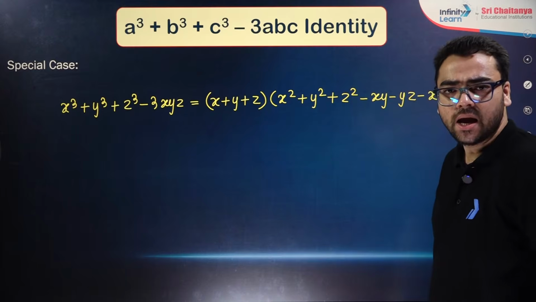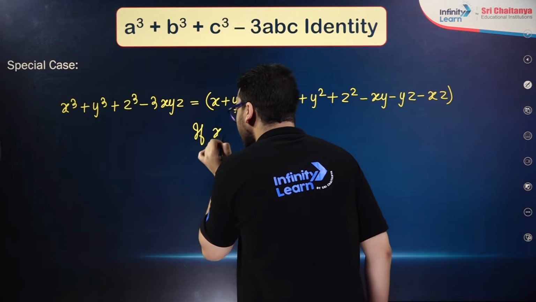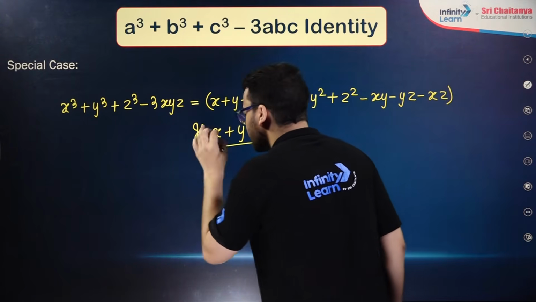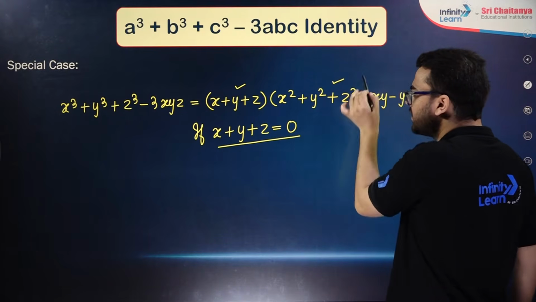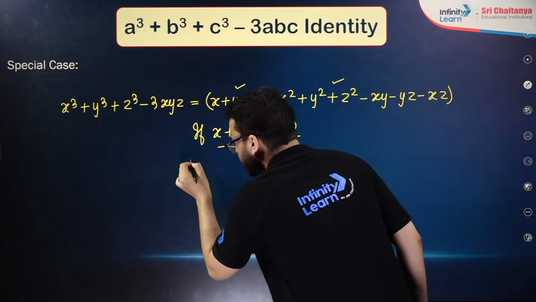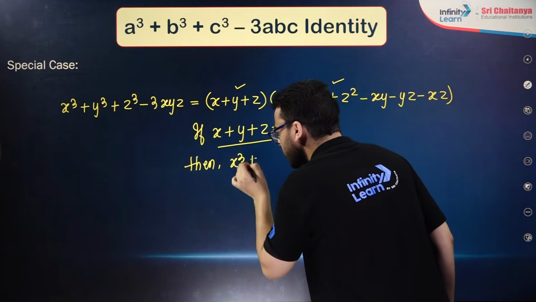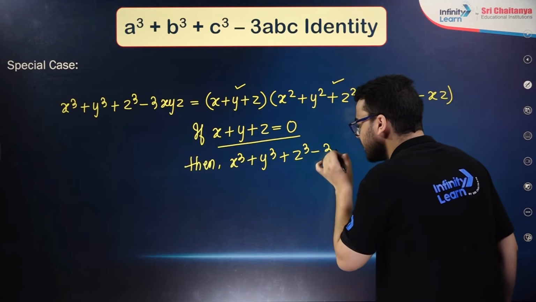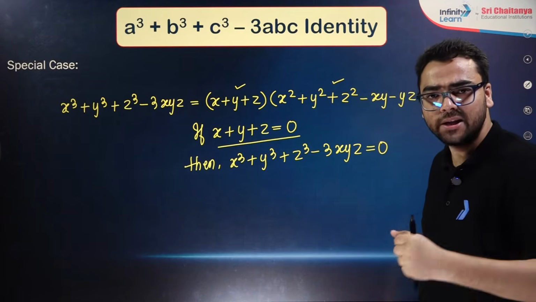Correct. Now suppose I take x plus y plus z to be 0. What will happen? You see, 0 into anything will be 0. So what will I get, guys? Then x cube plus y cube plus z cube minus 3xyz is equal to 0 or not? Obviously.